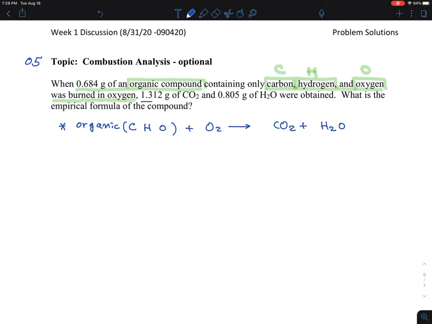And what was given here is a mass of carbon dioxide and H2O, water, formed as a product. And the question is asking us, what is the empirical formula for the compound?